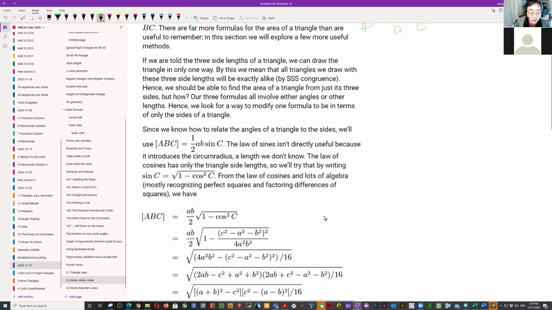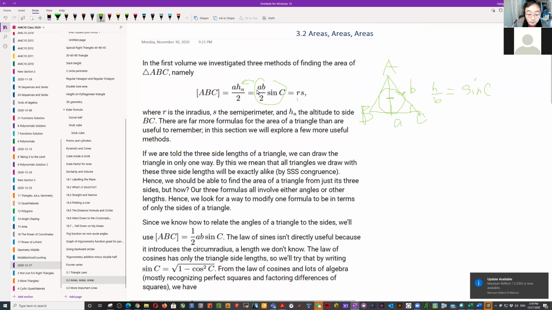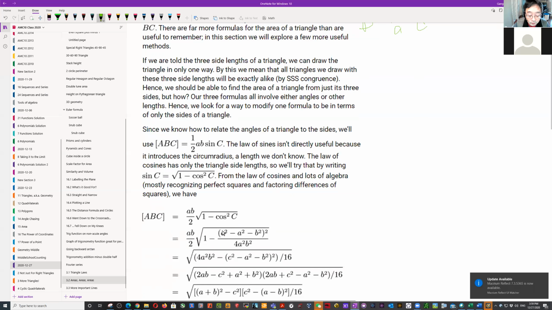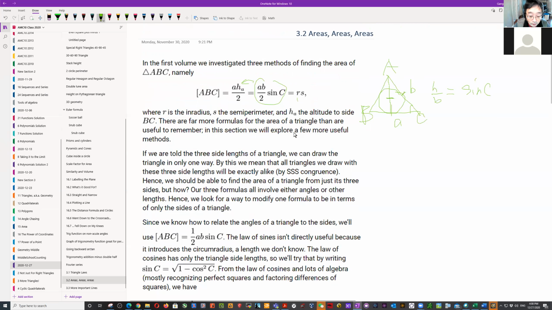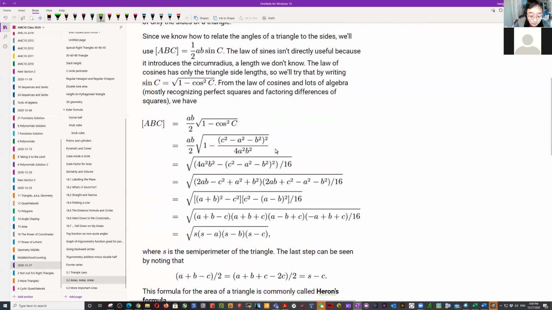So what we are doing is, given that formula, the area of ABC equals ab divided by 2 multiplied by sine C. And the sine C is replaced using the identity.